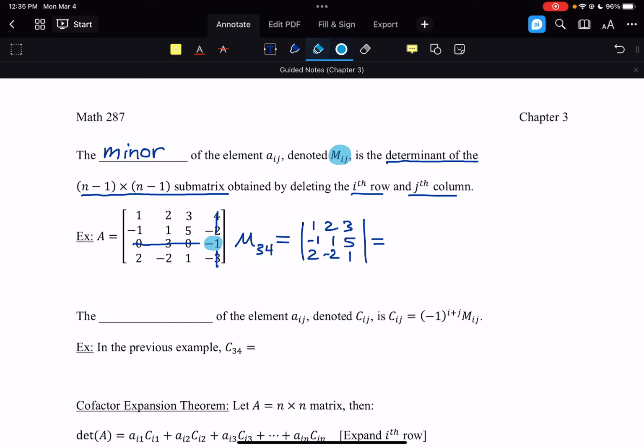We could go ahead and use the arrow method. So go 1 times 1 times 1 is 1, plus 2 times 5 times 2 is 20. Plus 3 times negative 1 times negative 2, that's 6.